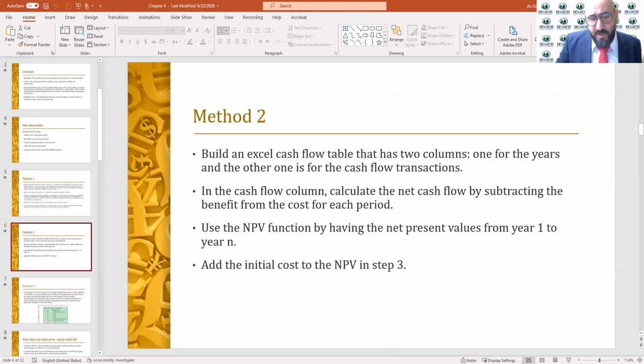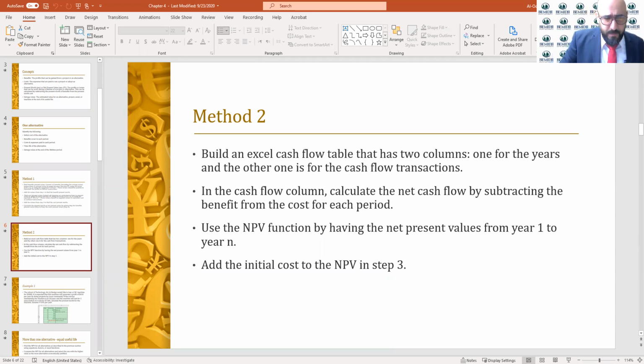We did discuss that in previous chapters, so please review that chapter as well if you're not familiar with it. I will also show you an example in just a second to remind you how to build the cash flow table. So for method 2, you build the cash flow table considering the positive and negative transactions for each year, and then you use only one function, NPV, and you get the net present value for that project.